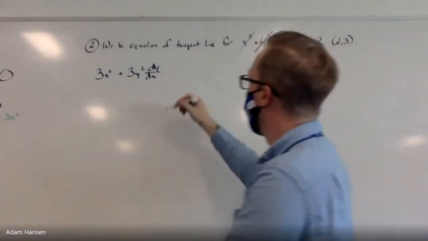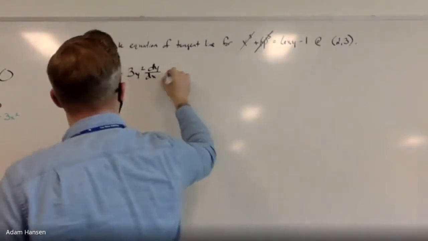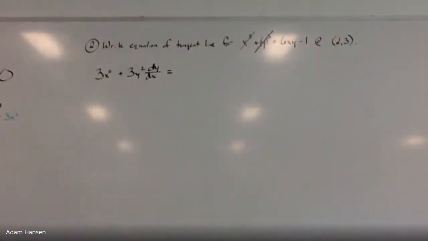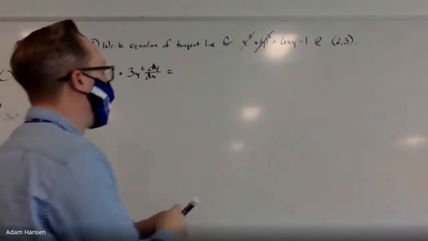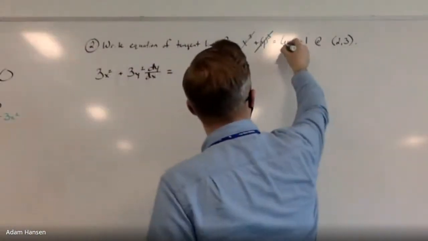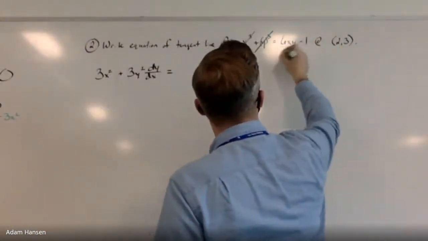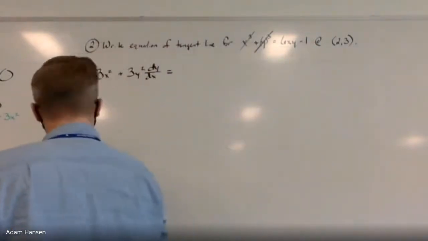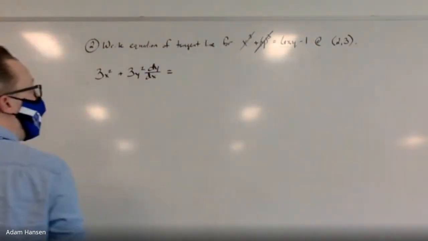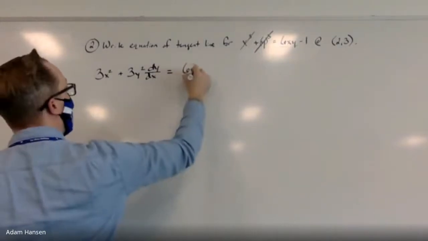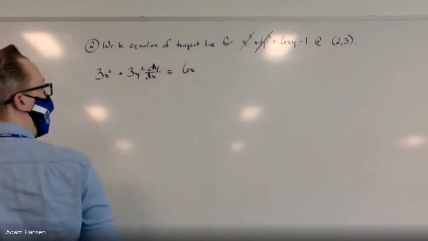Okay, left half done. Equal to, now I have to differentiate 6xy and minus 1. So 6xy, that's another product rule question. Let's call 6x the first and y the second. The first times the derivative of the second.